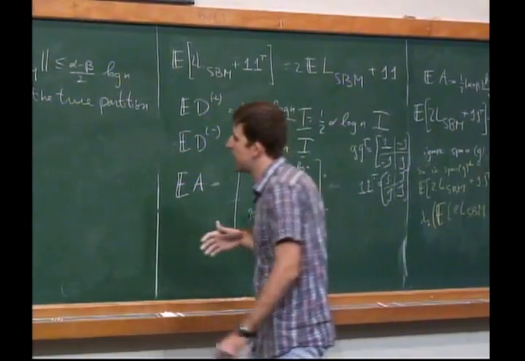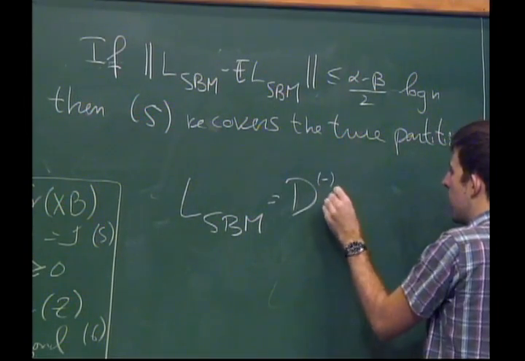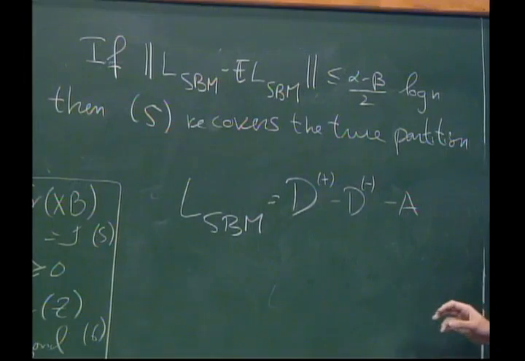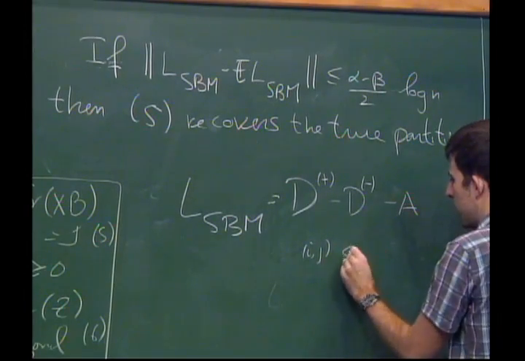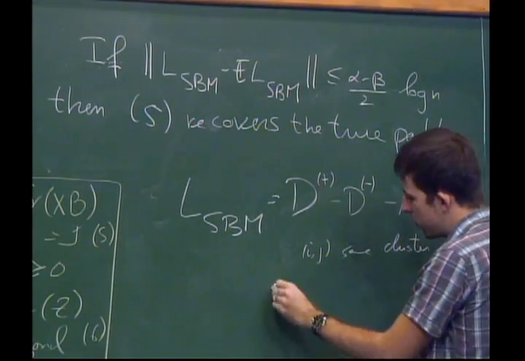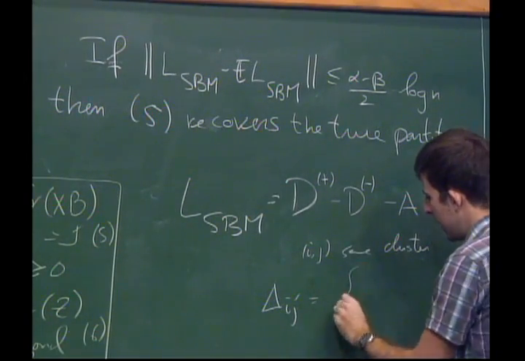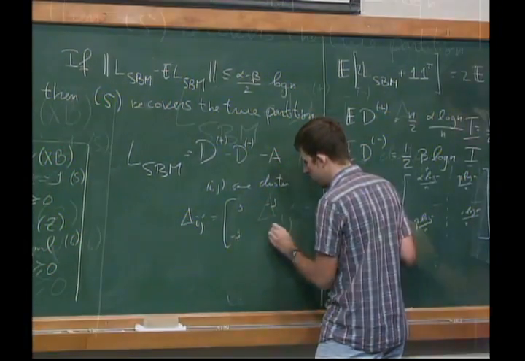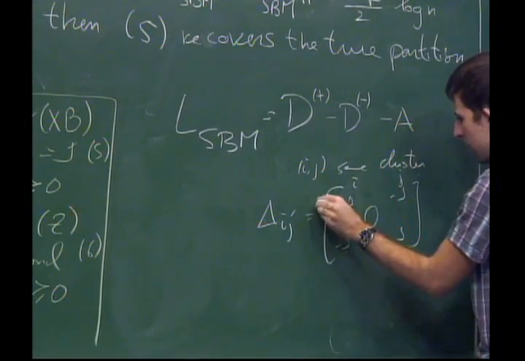Because remember that LSBM was D minus the adjacency matrix. Okay? So let's say that I and J are in the same cluster. Then I can grab the matrix, say, delta IJ, that is simply 1, minus 1, minus 1, 1, where these are at entries I and J, and 0 everywhere else.